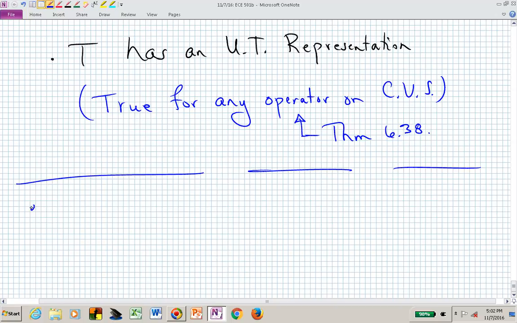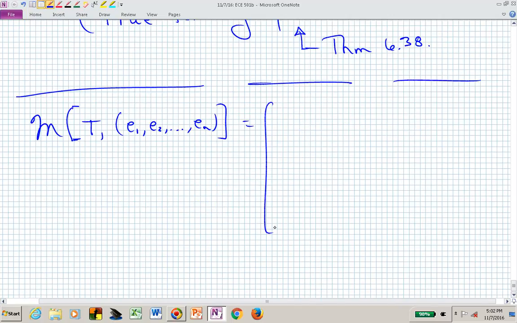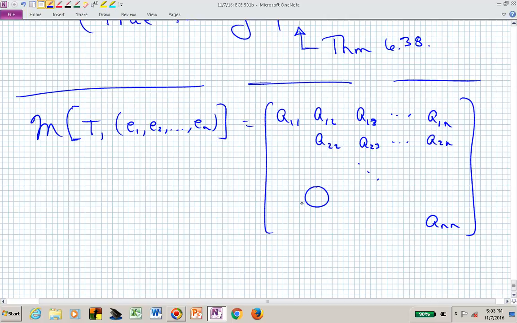If that's the case, then we can think of the matrix representation of T on some basis E1, E2 through E sub n. If it's upper triangular, let's say that's A11, A22, all the way down to A sub nn, and now we have A12, A13, etc. to A1n, A23 to A2n, and 0 below the diagonal.